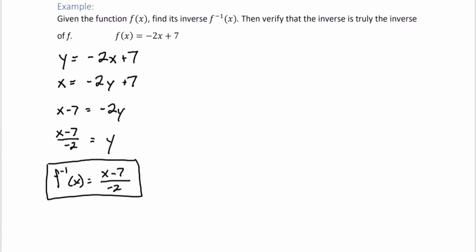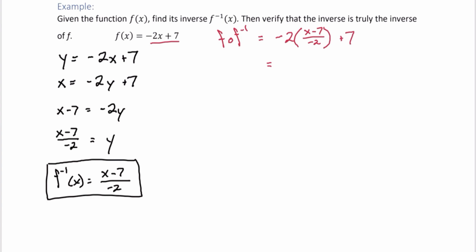To check this, we can find f of f inverse. So we're copying the f function, but every time you see an x, you're going to replace that x value with what we think f inverse is. Now simplify.